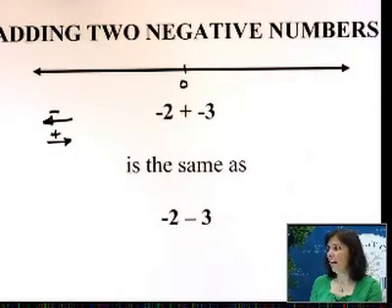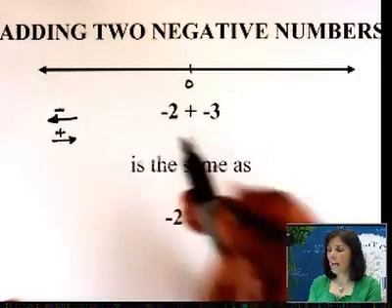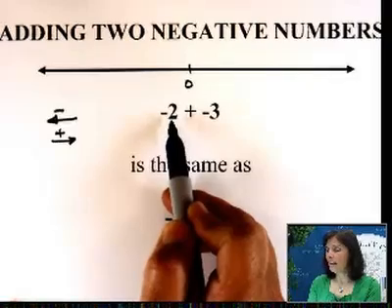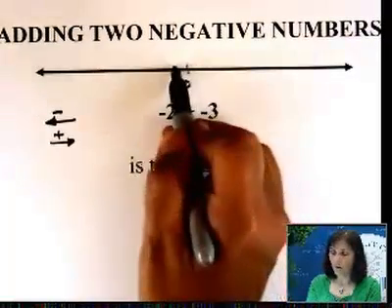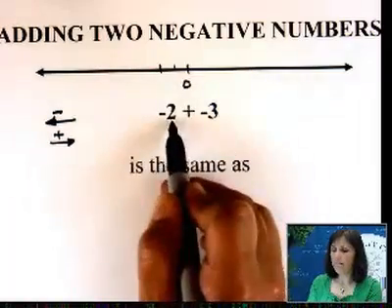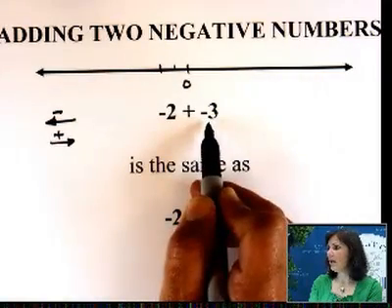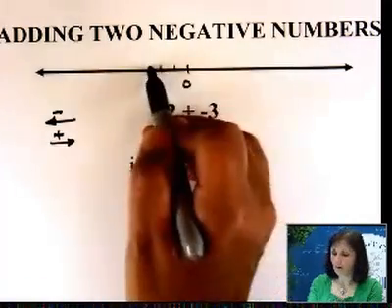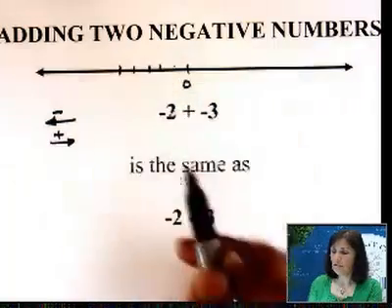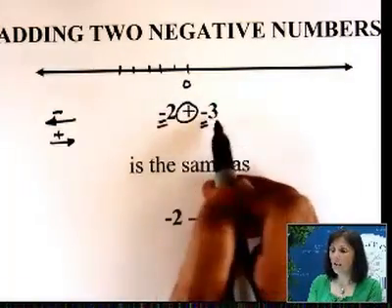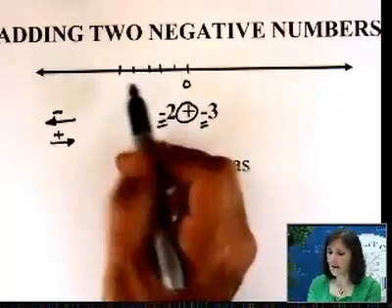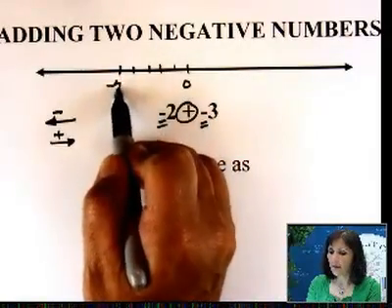So what I'm going to do now, you're going to add negative 2, so that means it's going to go to the left, 1, 2, here I am. Plus negative 3, another 3 to the left, 1, 2, 3. So these will tell me which way do I go, and it's adding. So how did I end up? I ended up at negative 5.